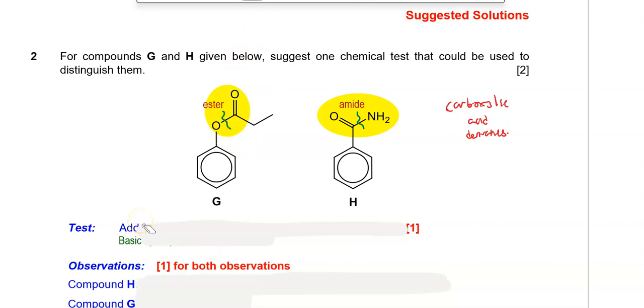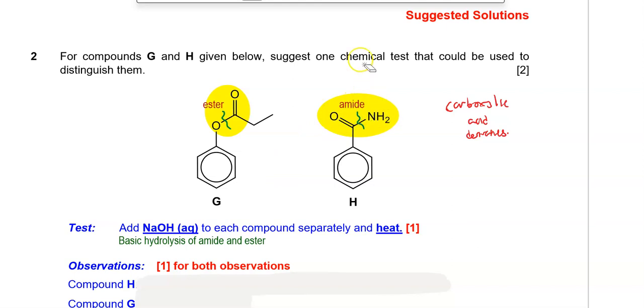So when I add sodium hydroxide and heat, aqueous, the amide will undergo basic hydrolysis similar to ester. The amide will release this component, which will then give me ammonia gas.